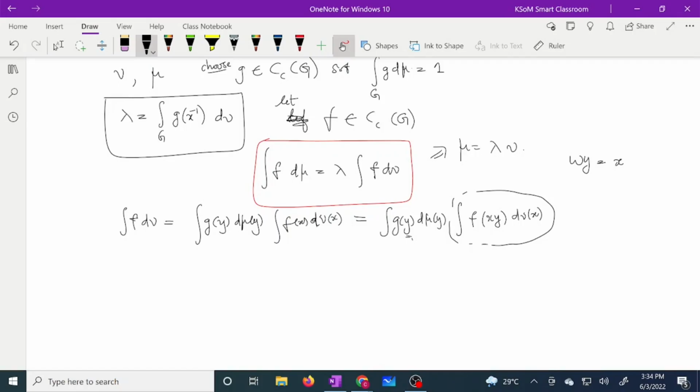I think I've made a mistake somewhere. For the time being, let us assume that this happens. I'm not able to justify how I'm getting this, but still let's assume it and go forward.